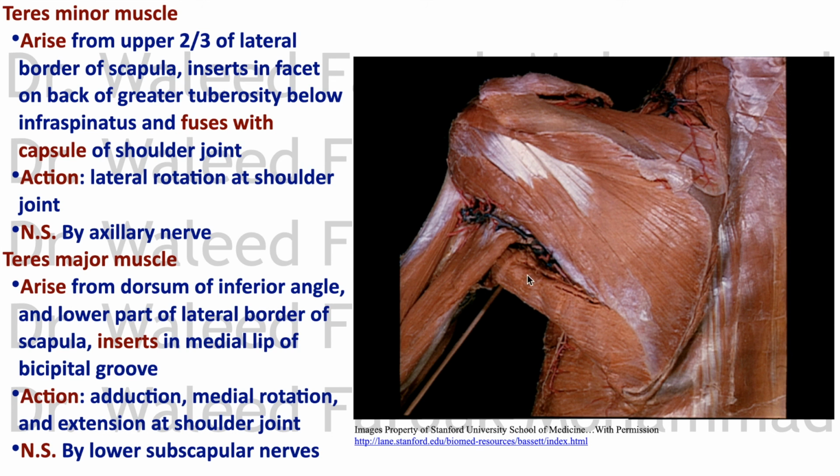That's why it passes in front of the axis of the shoulder joint. So it will produce medial rotation, not lateral rotation, like the teres minor. Medial rotation at the shoulder joint, adduction at the shoulder joint, and extension at the shoulder joint. The nerve supply is by lower subscapular nerve.